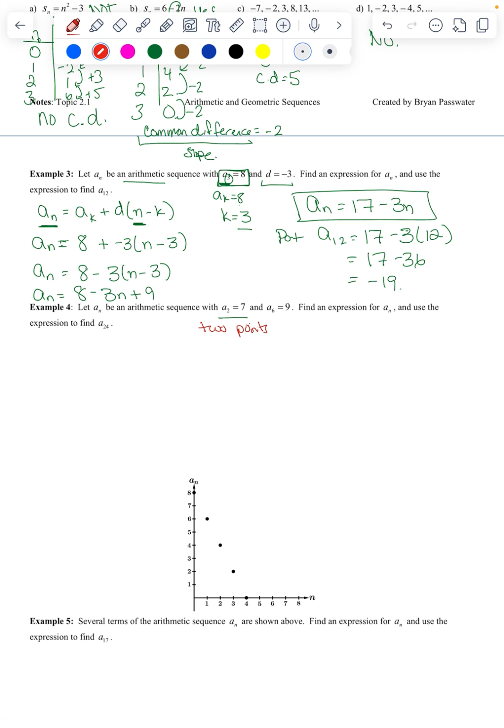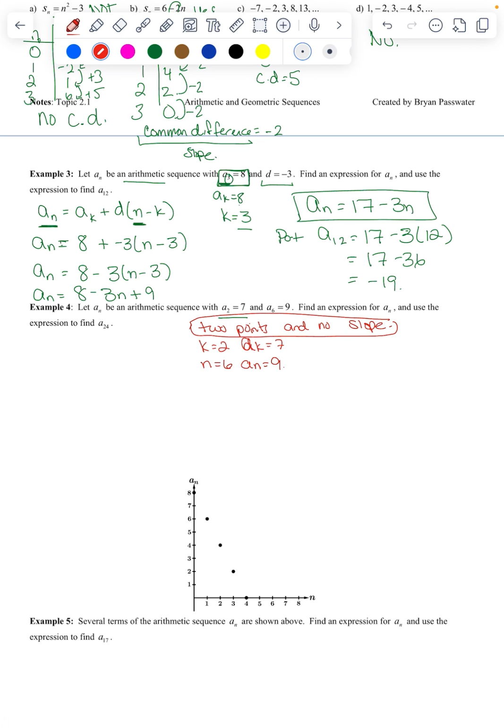They're saying that when k is equal to 2, a of k is equal to 7. And then the other point that they are giving us is the other x and y, which is n, when n is equal to 6, a of n is equal to 9. Because here they're not giving us a common difference. They're giving us 2 points and no slope.